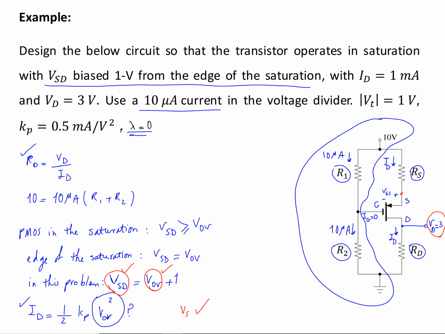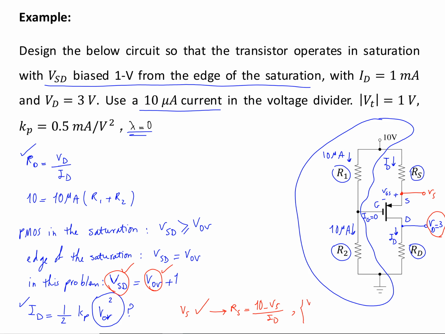That means I have the node voltage at the source node, and if I have Vs, I can get the value of Rs, because Rs is equal to 10 minus Vs divided by ID. Now that I have the source node voltage Vs and V overdrive, I can get the value of gate voltage from, let me rewrite this one.